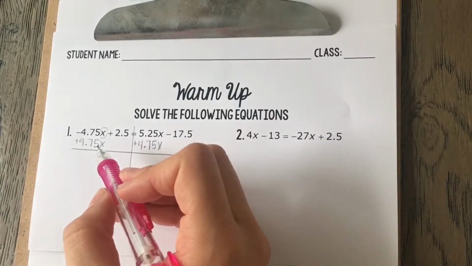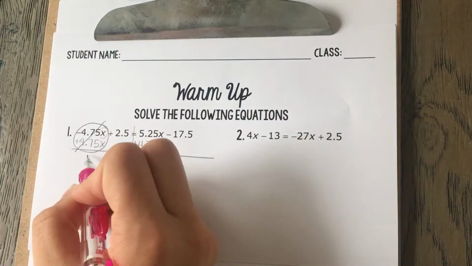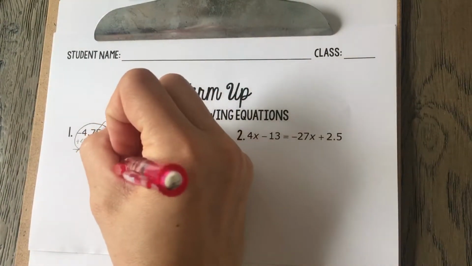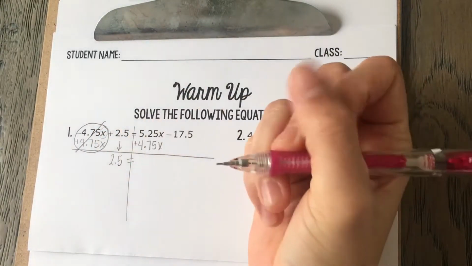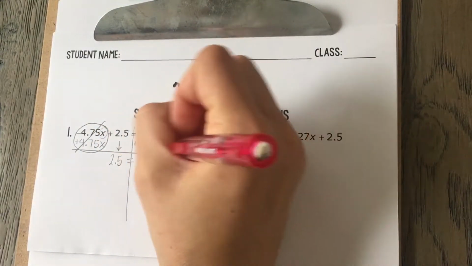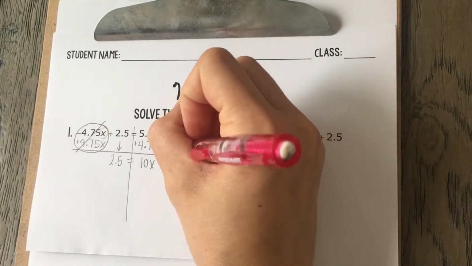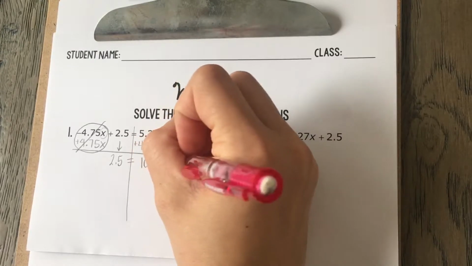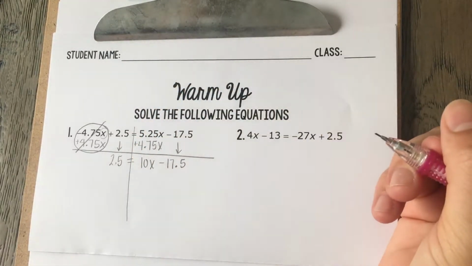Now I just created a zero pair, so I'm circling this as if I zeroed it out. I didn't do anything to the 2.5, it stays positive, so I'm just going to bring it down. And then I add this together. So 5.25 plus 4.75 using my calculator gives me 10x. And then I bring down the 17.5 and we keep that negative sign.